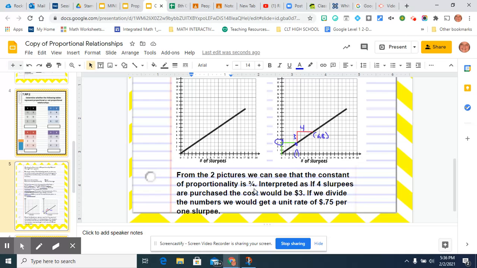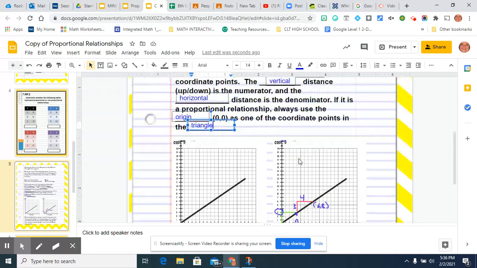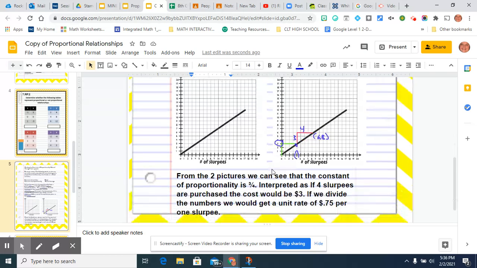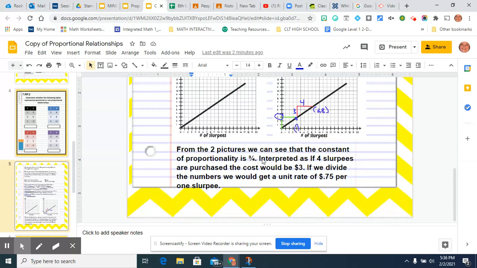Okay, but we're talking about Slurpees and money here. So you wouldn't go around saying, oh yeah, 3/4 Slurpee. No, you're not going to buy 3/4 of a Slurpee. So how would we interpret this? Well, the top represents up and down. The bottom represents side to side.